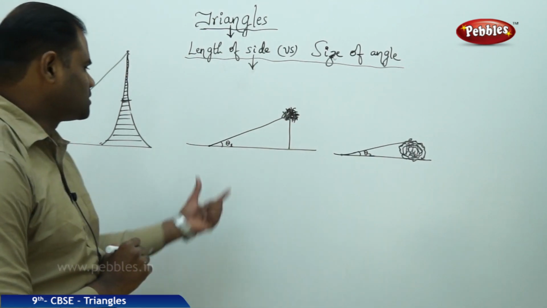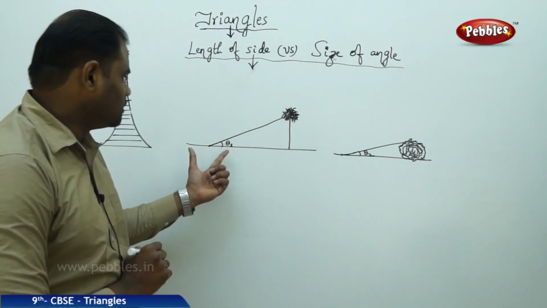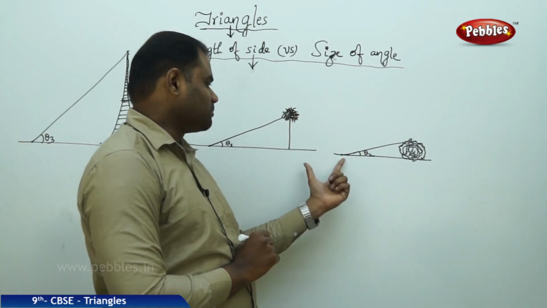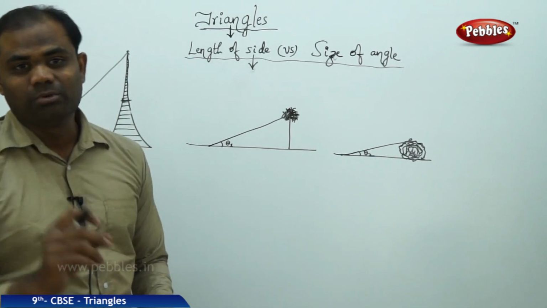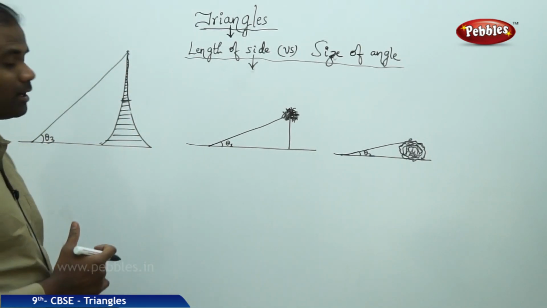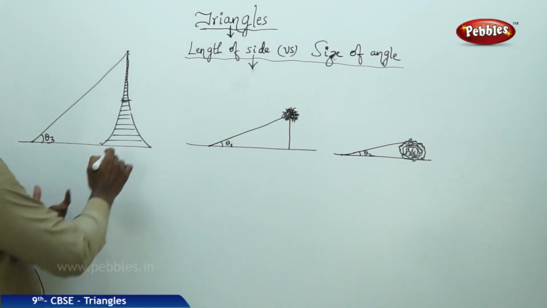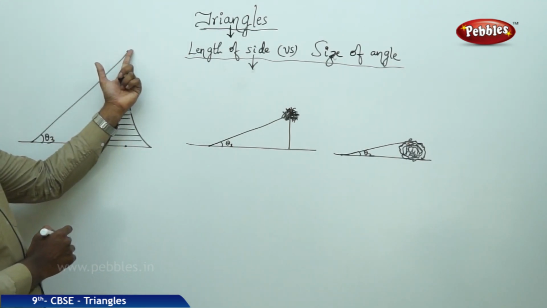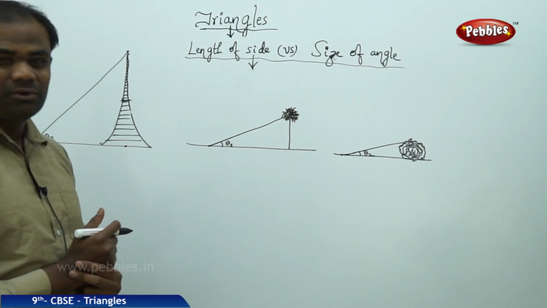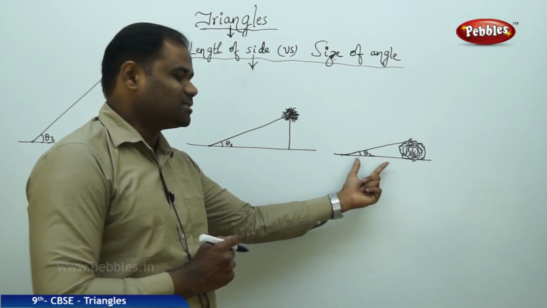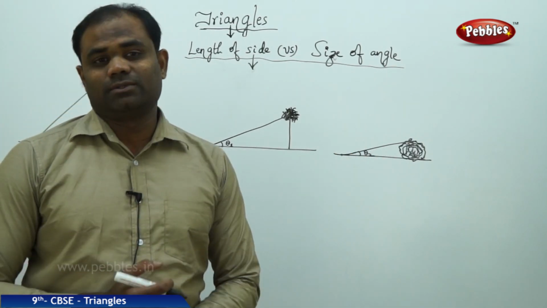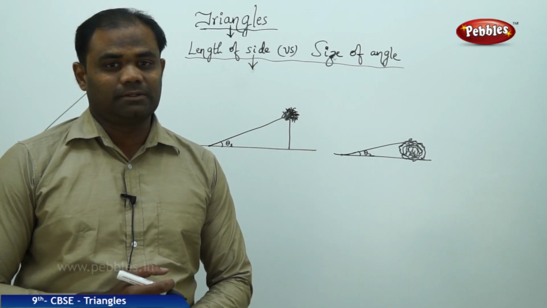I have three cases: theta 1 where I observe the top of the palm tree, theta 2 where I'm at the same distance and observe the top of the bush in the lawn, bush in the park, and I'm at the same distance where I observe the top of the tower from the distance, which is theta 3. How do you connect the relation between angles theta 1, theta 2 and theta 3 is the biggest question out here. How do we connect?